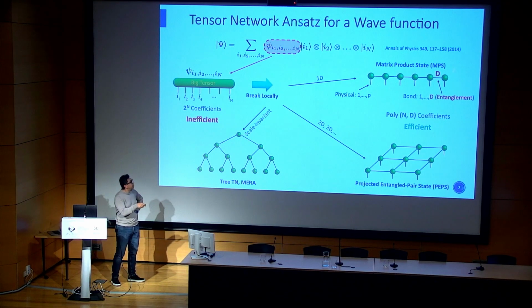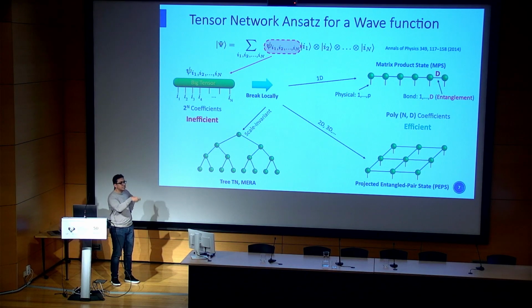So this is MPS in 1D, but you can also extend this idea to higher-dimensional systems. For example, in 2D and 3D, we call it PEPS, or projected entangled pair states, and there are also some scale-invariant versions such as tree tensor networks or MERA, which I'm going to mainly focus on.